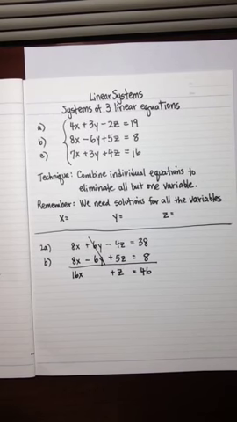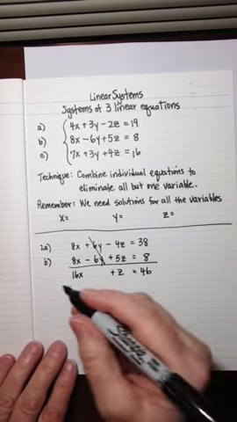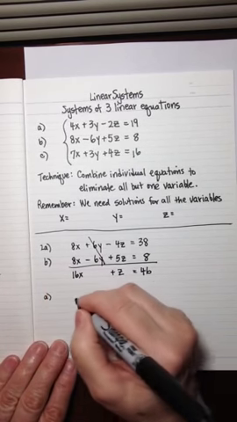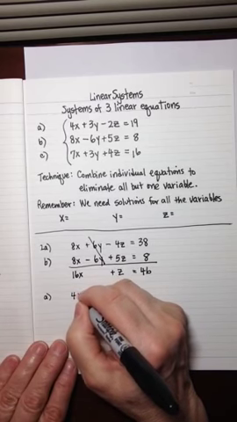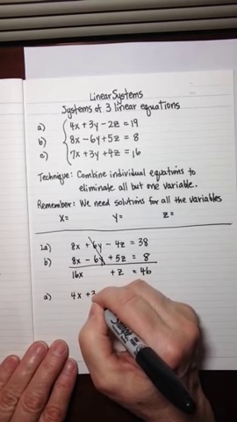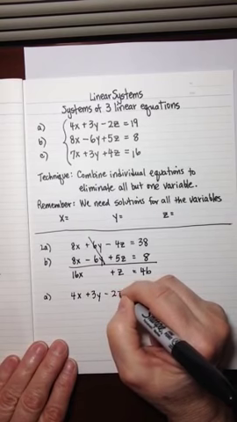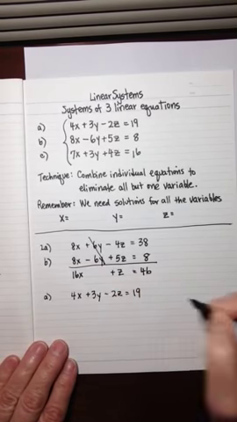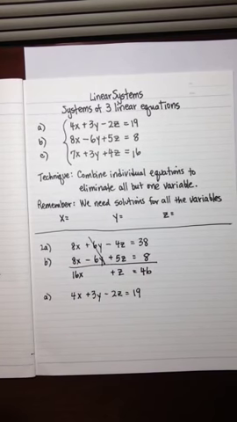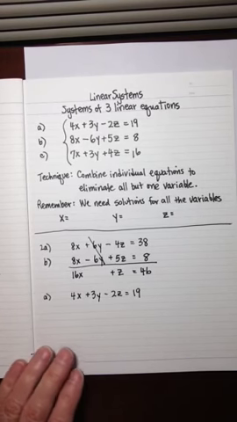So now, I need to eliminate y in a different set of equations. This time, I'm going to start out with A, as it's given, 4x plus 3y minus 2z equals 19. And then I am going to multiply equation C by minus 1.